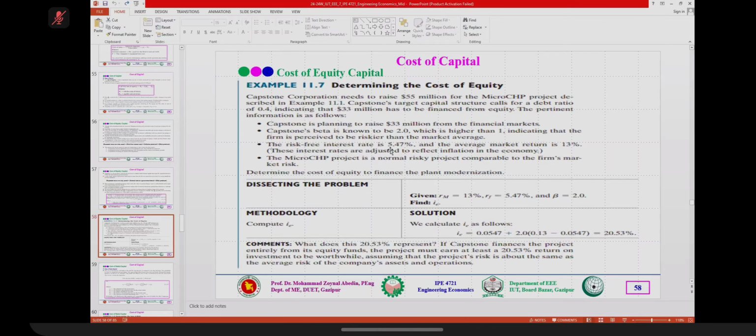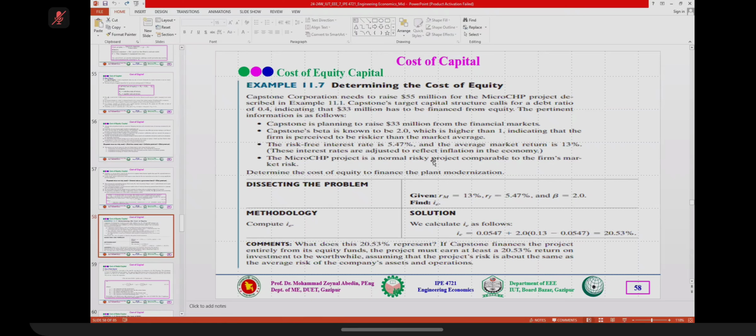The risk-free interest rate is 5.47% and the average market return is 13%. These interest rates are adjusted to reflect inflation in the economy. The micro CSP project is a normal risky project comparable to the firm's market risk. Determine the cost of equity to finance the plant modernization.